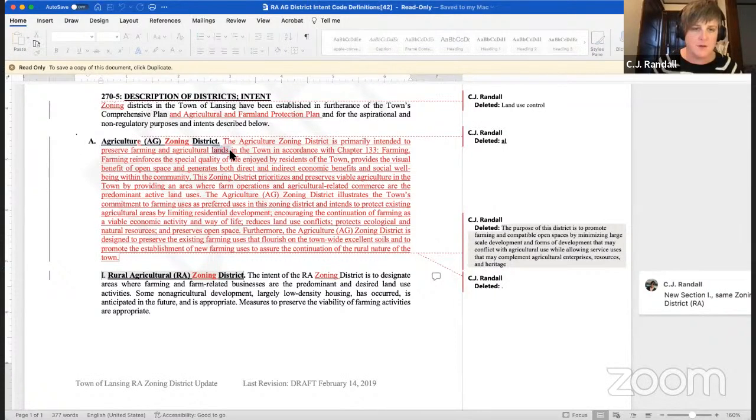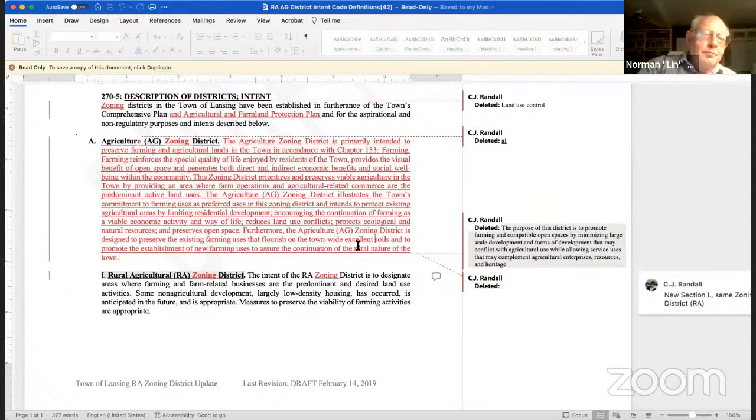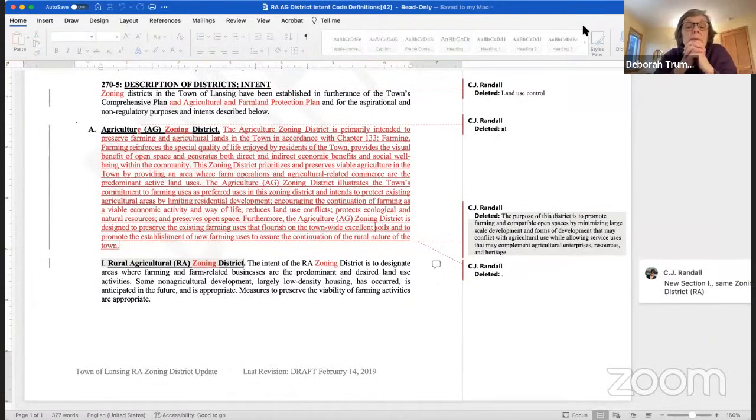Okay, and what's the next one down, Norm or Lynn? Is it soils of significance or what? There's another one that's below prime, but still pretty high up there. Statewide importance. So it's of statewide importance. So rather than say excellent, use existing terminology.